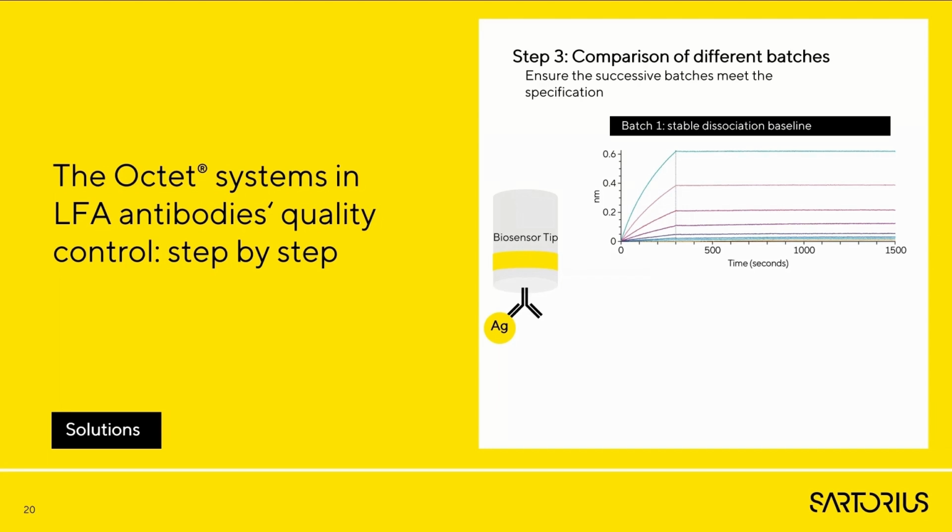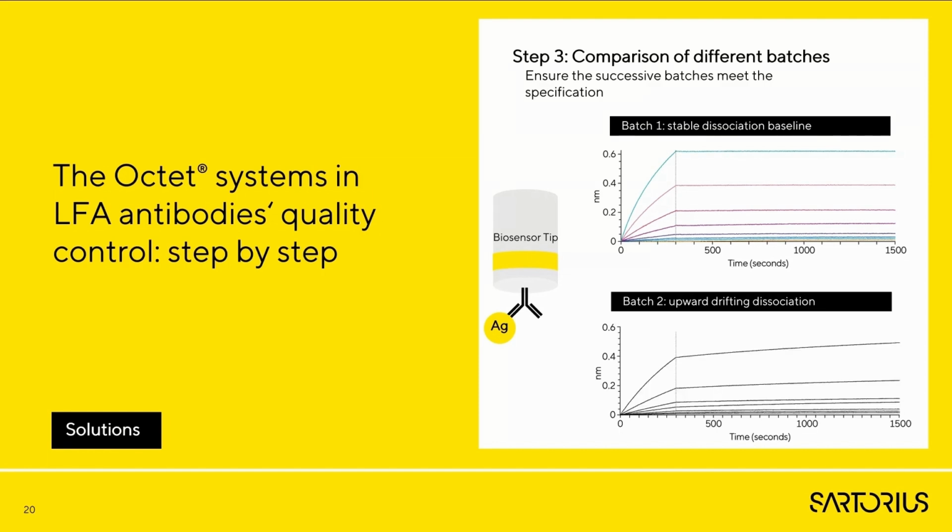Here, the sensorgram shows that batch 1 antibodies meet the specification with a stable dissociation baseline. Batch 2 antibodies are out of specification since the sensorgram shows an upward drifting dissociation, indicative of non-specific binding.